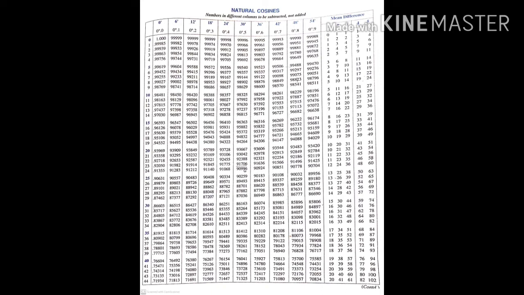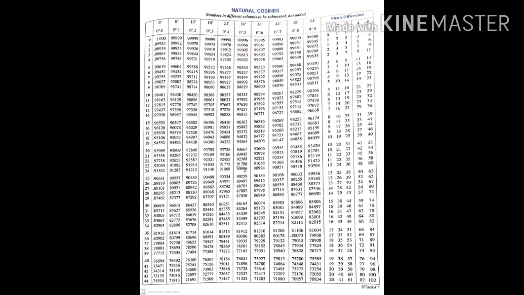You check values like 20 degree, which is 0.93969. Then you check cos 40 degree, which is 0.76604. It means, when you want cos 40, you have to find 40 degree in the vertical column and look at 0 minute.